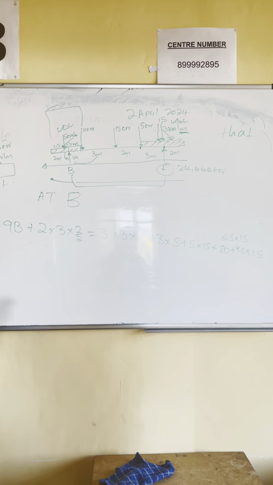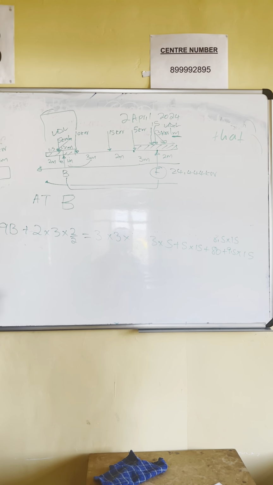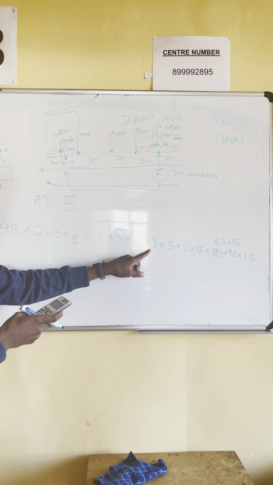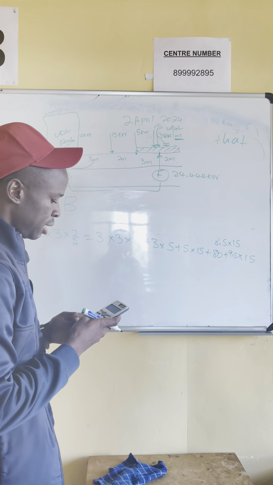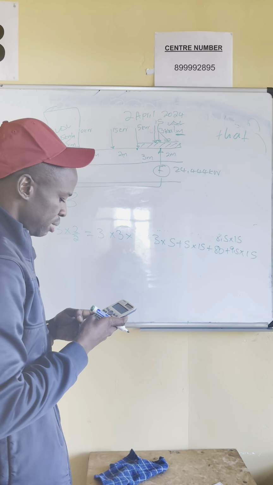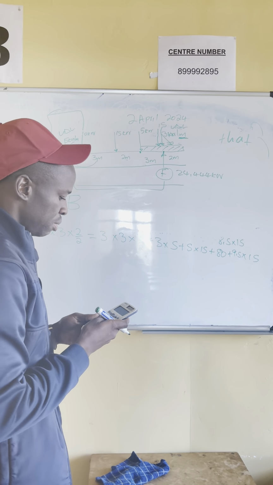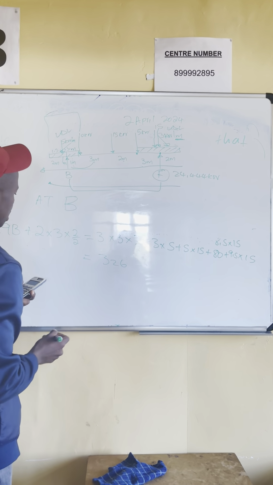Now we can calculate. Here is 9 times 1.5 plus 15 plus 5 times 15 plus 80 plus 9.5 times 15, which is 326.